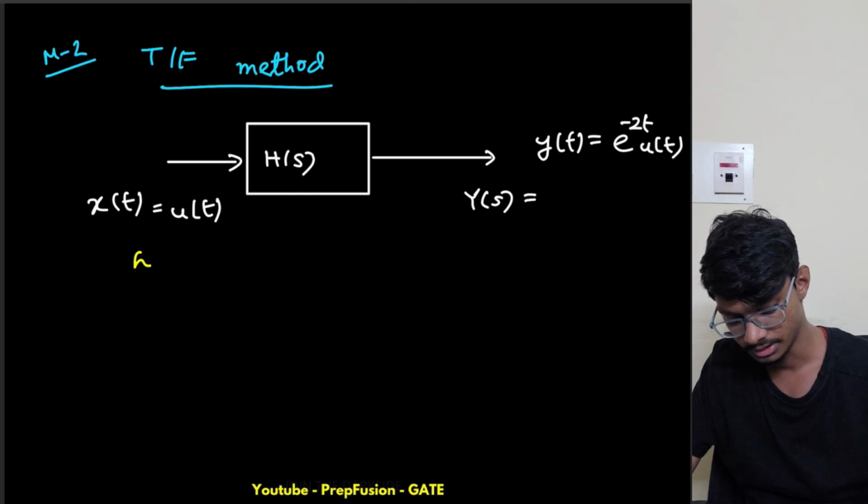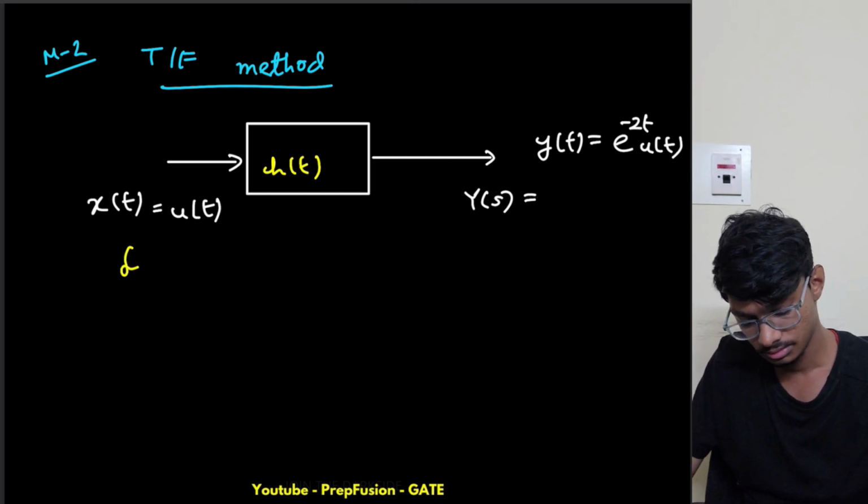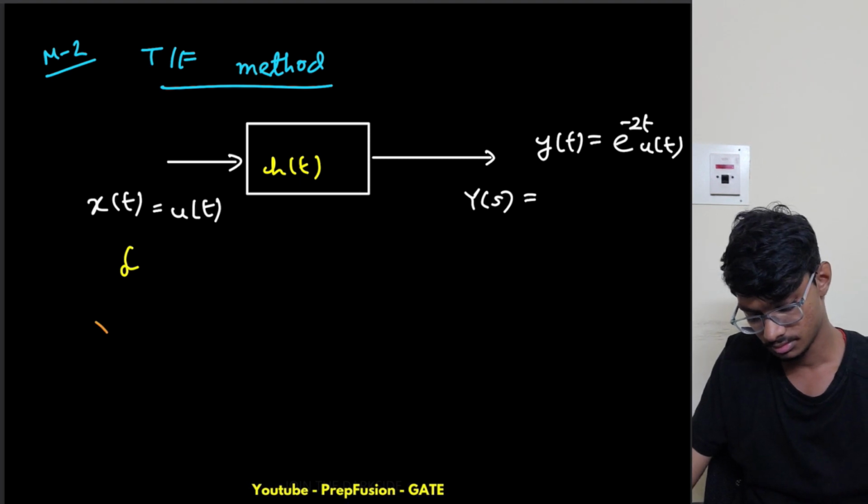Now do the Laplace, right? I should write here simply h of t. Actually, do the Laplace. X of s becomes 1 over s.